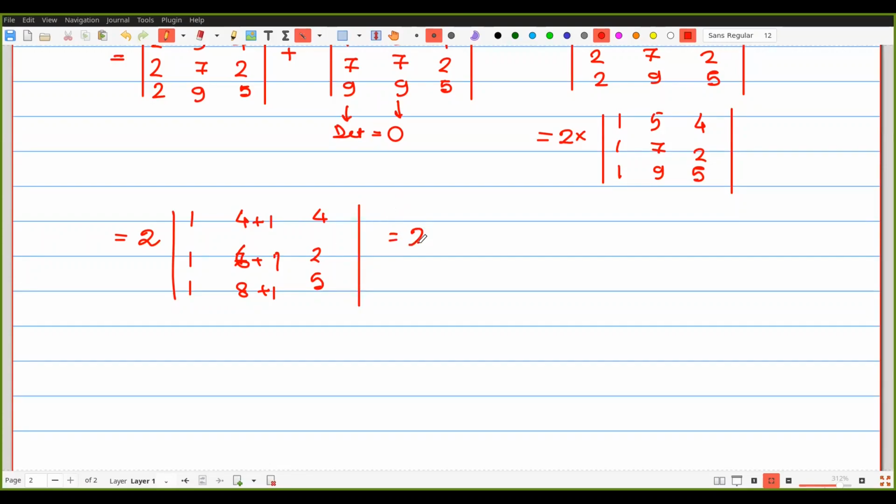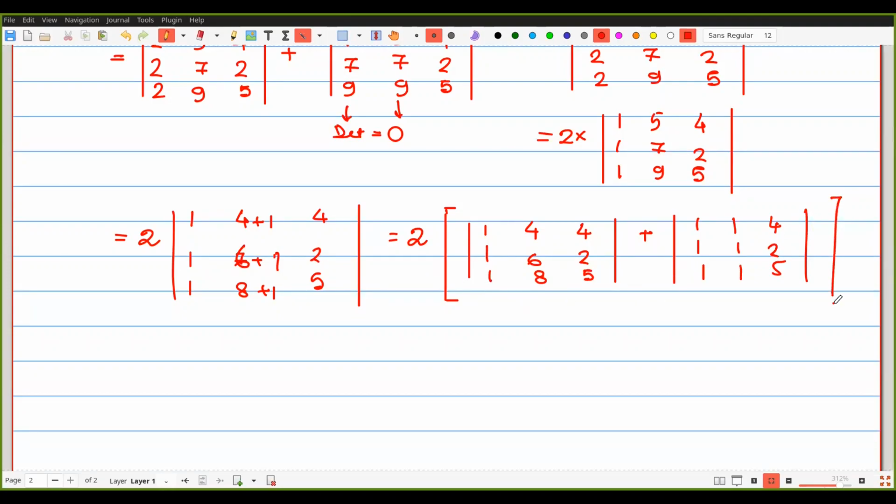So we may write 2 in the outer, because when we are decomposing only that determinant. So the decomposition means the determinant itself. So the first one 1, 1, 1, 4, 6, 8, and 4, 2, 5 plus 1, 1, 1, 1, 1, 1, 4, 2, 5. Okay.